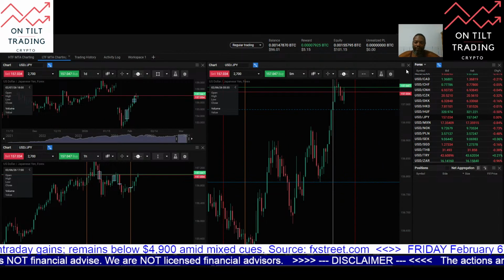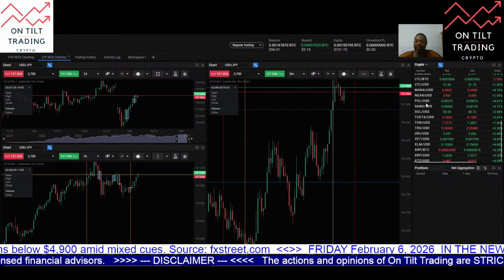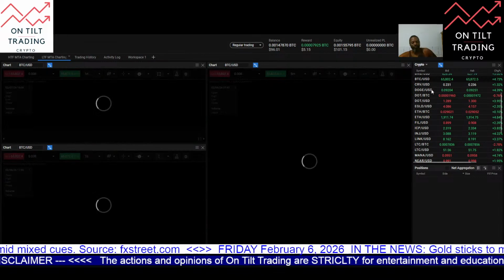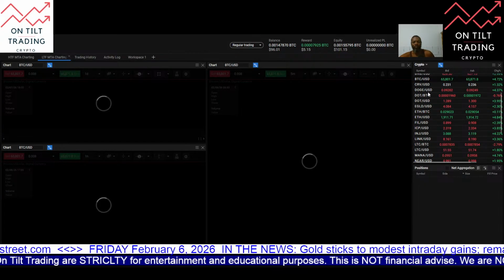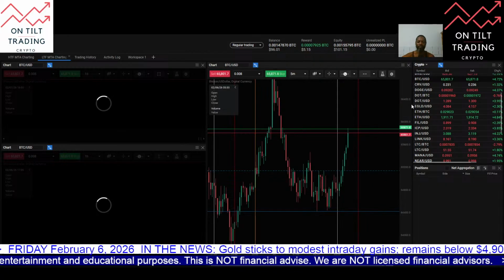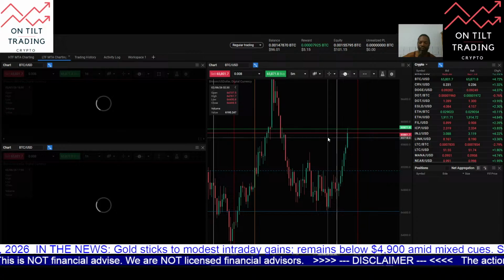Dollar yen, nowhere near an entry here. Bitcoin still showing buy side delivery here.